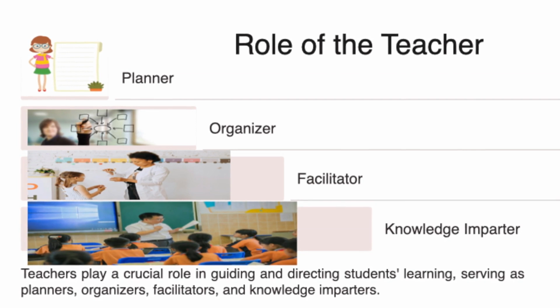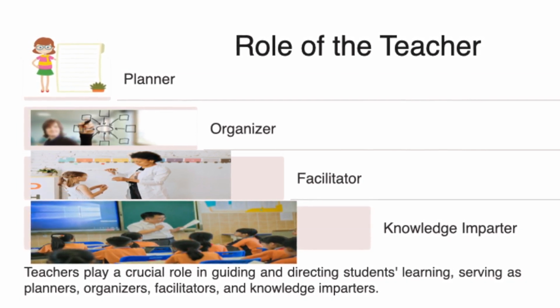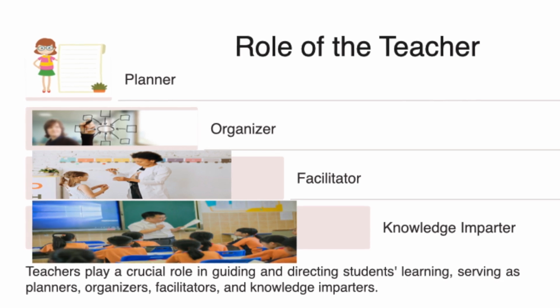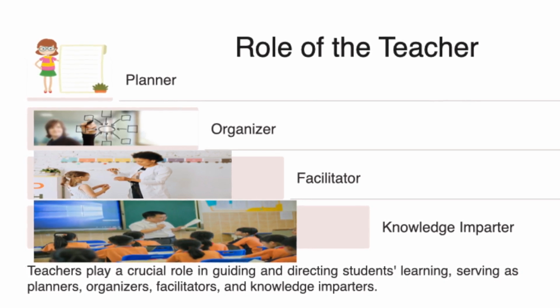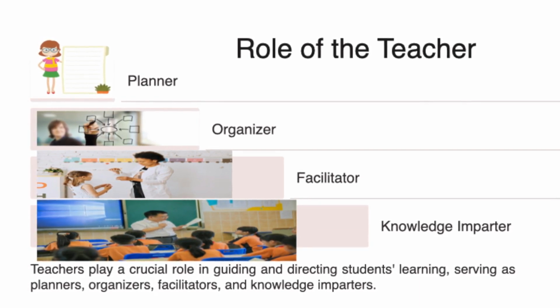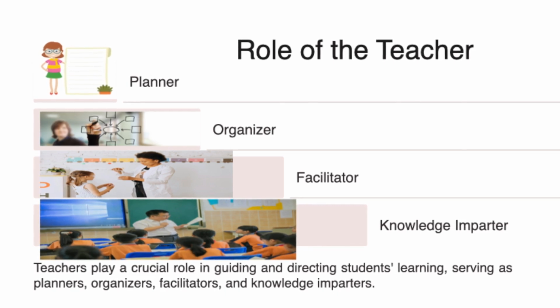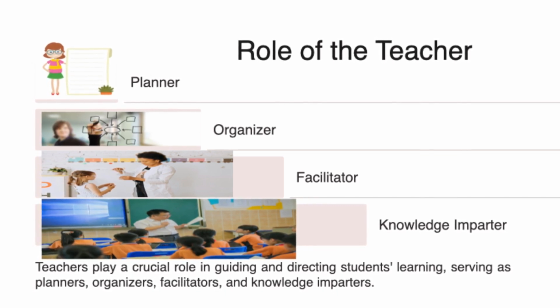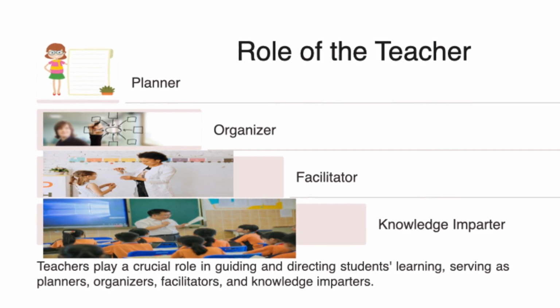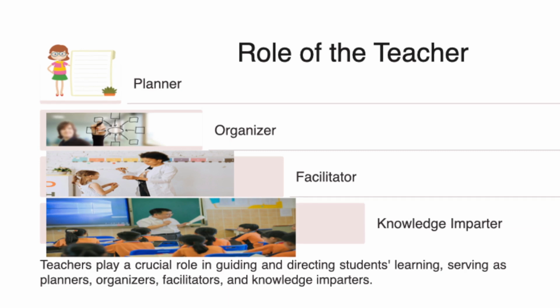We cannot randomly give any kind of activity to such small children. So a teacher should be a good planner. She or he should plan the activity which will help in their holistic development, which will help in their development of mind, which will help in their motor skill development. So the first role of the teacher is to be a good planner, to give good activity to the children.